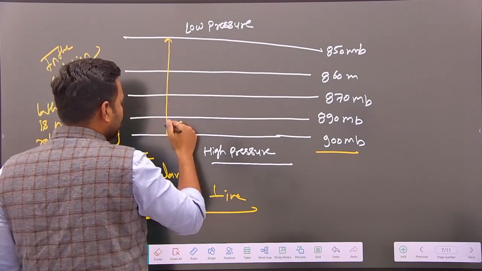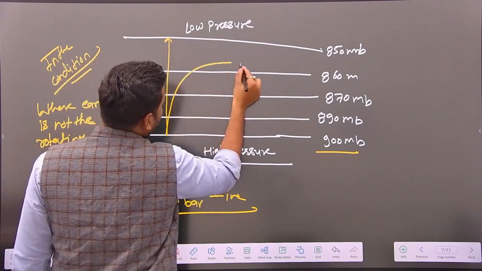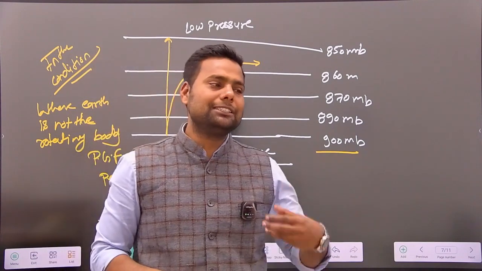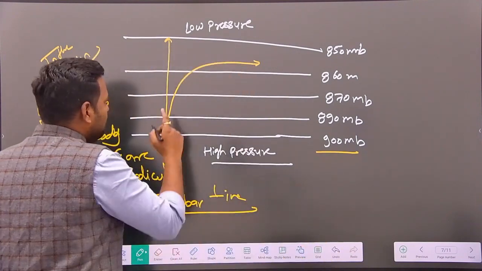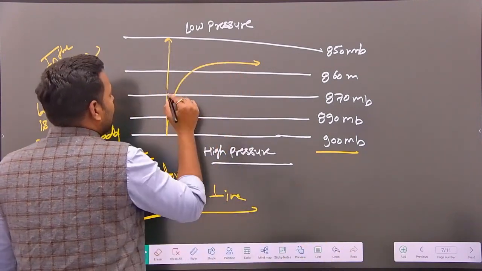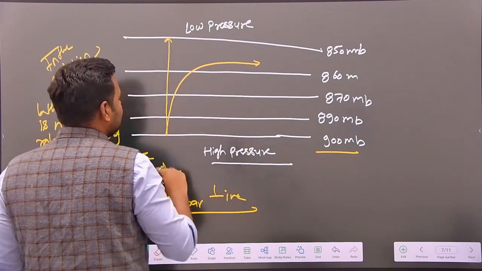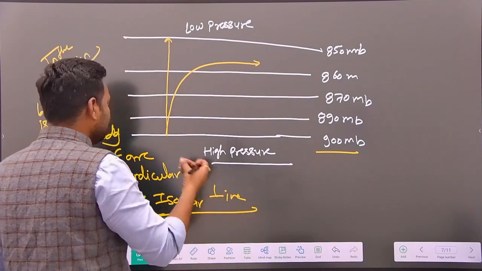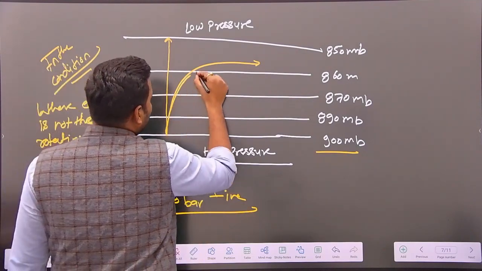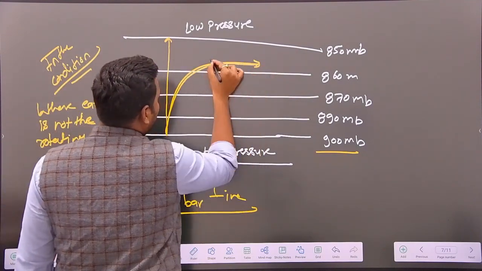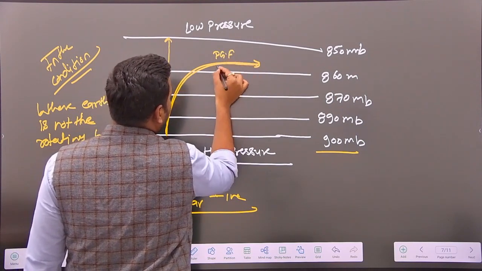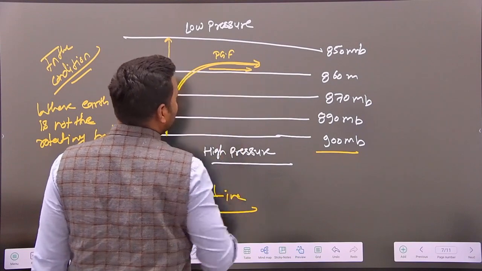When the earth is rotating, there is a deflection in the wind's direction, and due to this deflection, sometimes with intense velocity of wind, the wind becomes parallel to the isobar line.